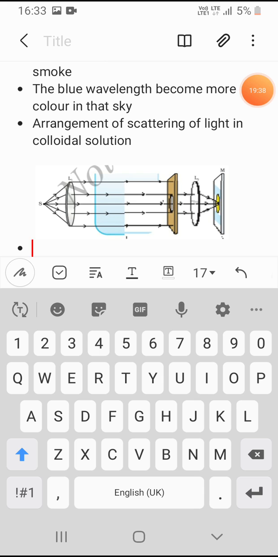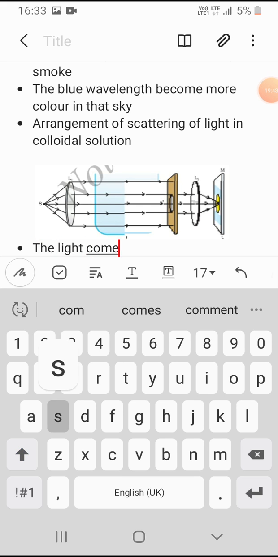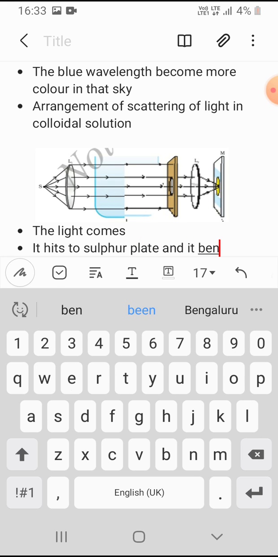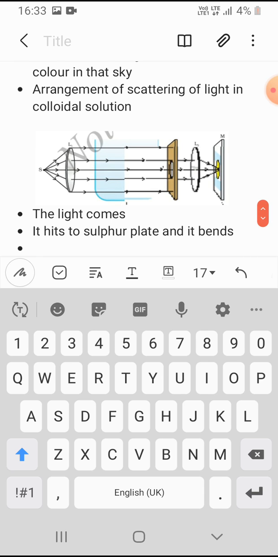So what happens is the light comes and hits the plate and it bends, as you learnt in a prism, when the light ray comes, it goes and hits and bends.